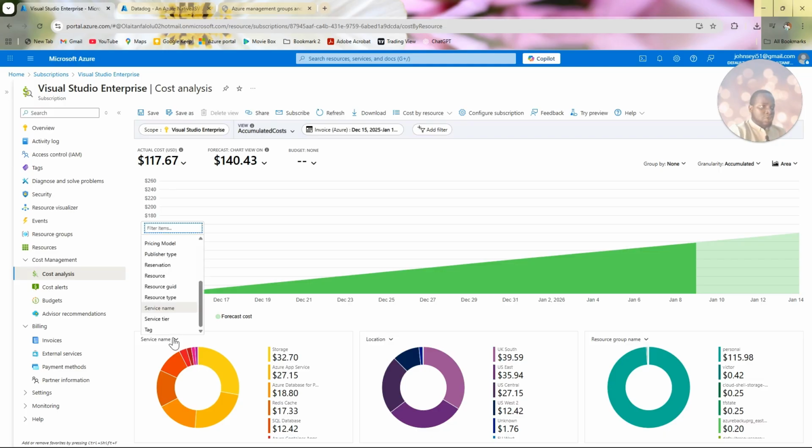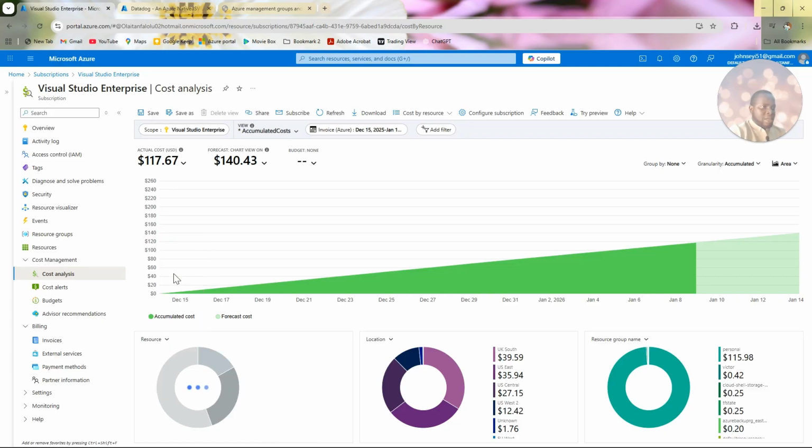I can categorize it based on service name, by tag, by the resources. Let me categorize it here based on the resource. So we can see, based on the resource, that this particular resource consumes more than every other resource. Do you get it?